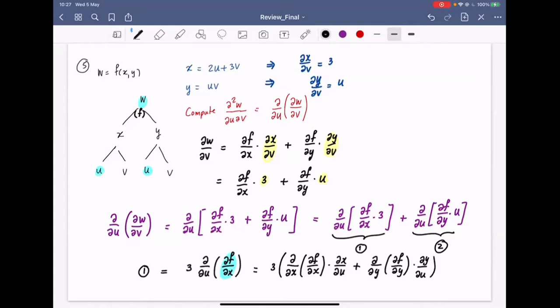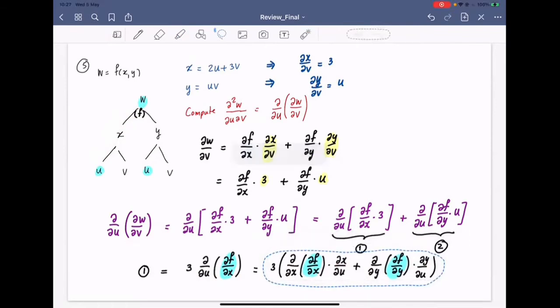This is the thing that some of you get confused about, and this is the hardest part for this chapter, because some of you have a hard time understanding it. The thing inside the parenthesis, which is the term that I highlight in light blue here, is on the top level and you can differentiate with respect to u by going through x or through y. That means I have x here, I have y here, and then separate it. Then I'm going to carry this term to the next page.